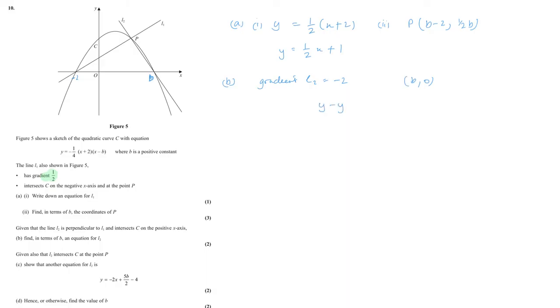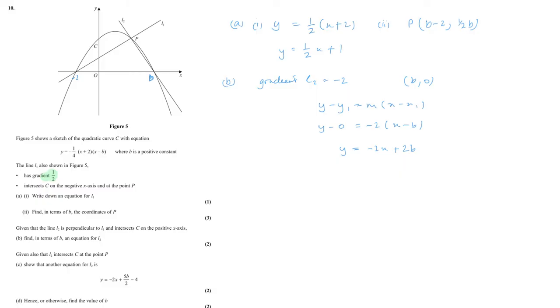So y minus y1 equals m x minus x1. So y minus 0 equals -2 x minus b. So y equals -2x plus 2b.